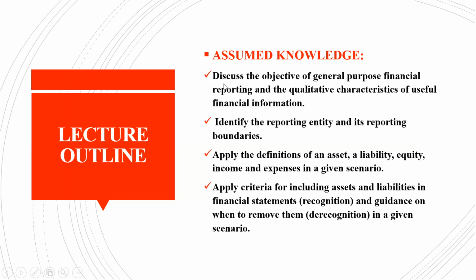Firstly, after you've gone through this discussion, you should be able to discuss the objective of general purpose financial reporting and the qualitative characteristics of useful financial information, which I'll take you through shortly. You should also be able to identify a reporting entity and its reporting boundaries, and apply the definitions of an asset, a liability, equity, income, and expenses in a given scenario.